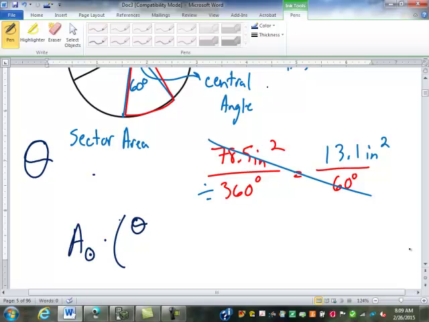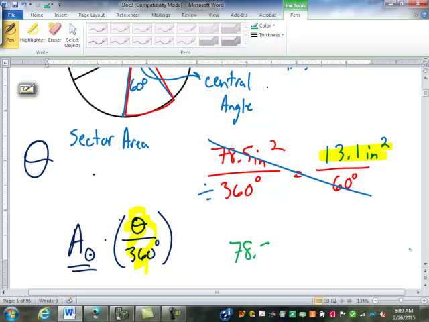So that is the variable we use to represent an angle, over 360 degrees. So what this is telling us is to just take the area of the whole circle times the central angle for that sector divided by 360. This is telling us what fraction of the whole circle we have. And you'd end up with that same answer if we did just 78.5 times 60 over 360.